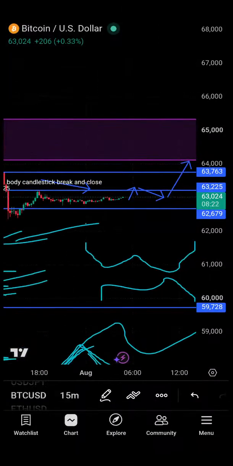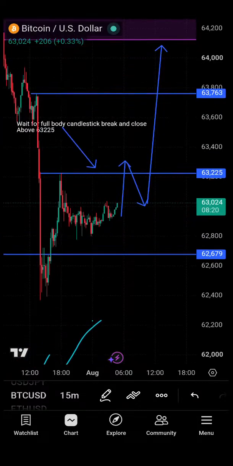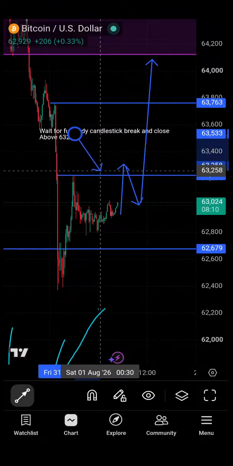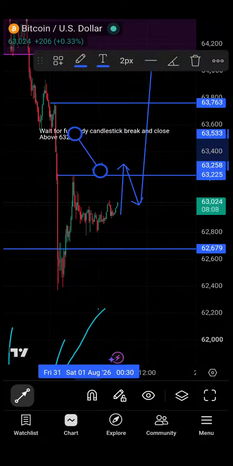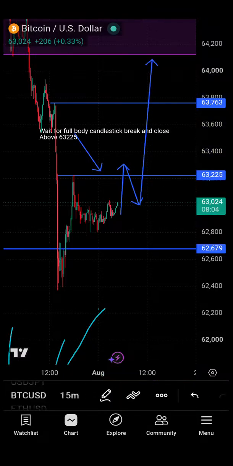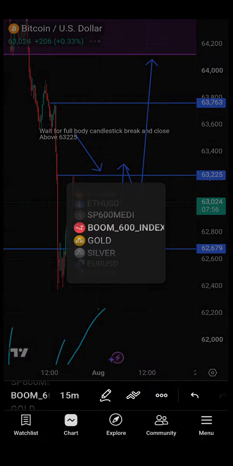And that's where we established that we are going to wait for a break at this area, we break outside of this area, and then a retest before we take a buy. That is why we are waiting. That is why now I'm analyzing Boom 600.